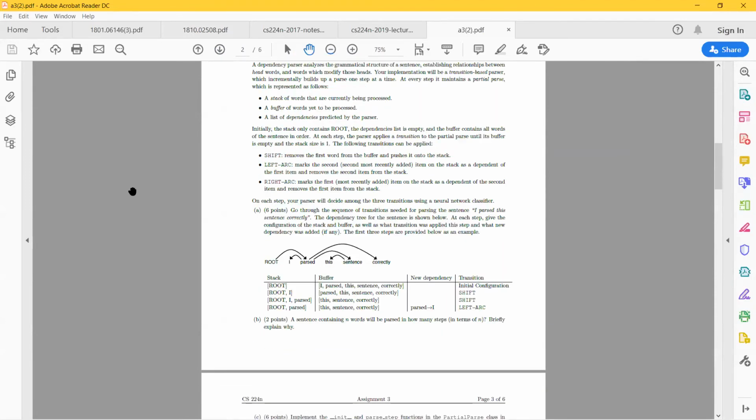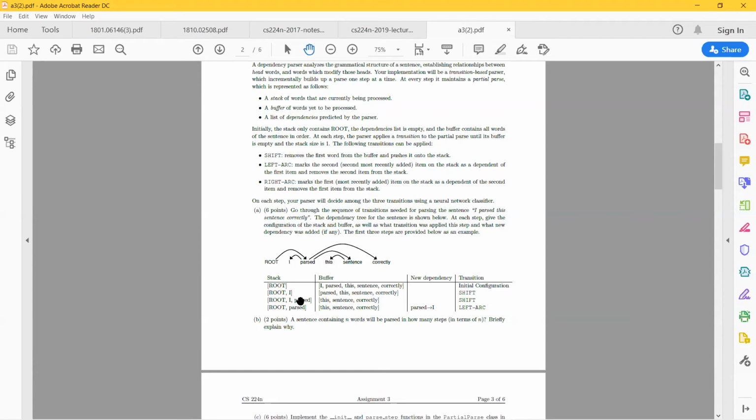That's showing the example of how the dependency parser works. You've got your sentence there, and you've got three things: the stack, the buffer, and the transitions, and your dependency table. To start with, you've only got the root in the stack. You take the first word, which is your first operation, shift.